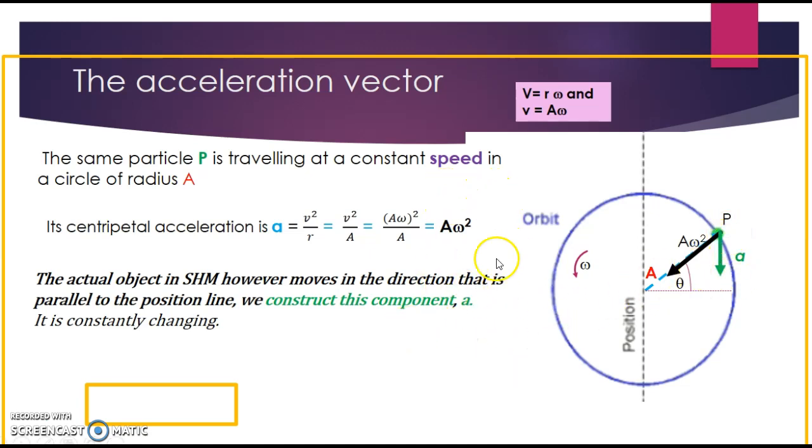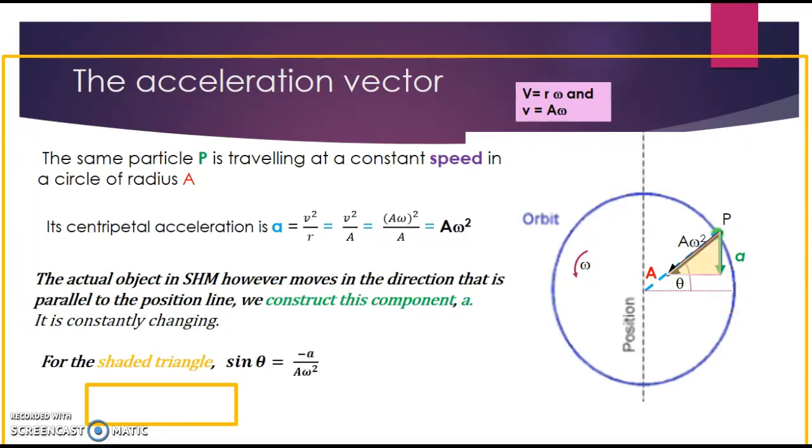Remember, the object is bouncing up and down here, and so we construct a component in the same direction as that, a component of this vector. And remember, it's constantly changing. Depending on where this acceleration is, if it's up here, then this acceleration line will be a full length line. If it's over here, acceleration will be 0, and so on.